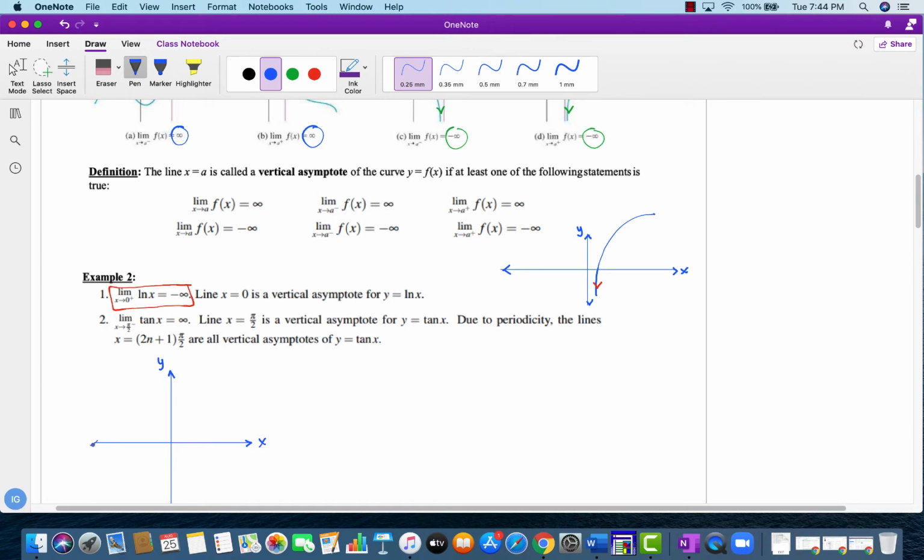This is x. If this is pi over 2, and this is negative pi over 2, we have vertical asymptotes here. I'm just going to put a dotted line. Same here. And if we try to make a sketch of tangent of x, it's going to look something like this.